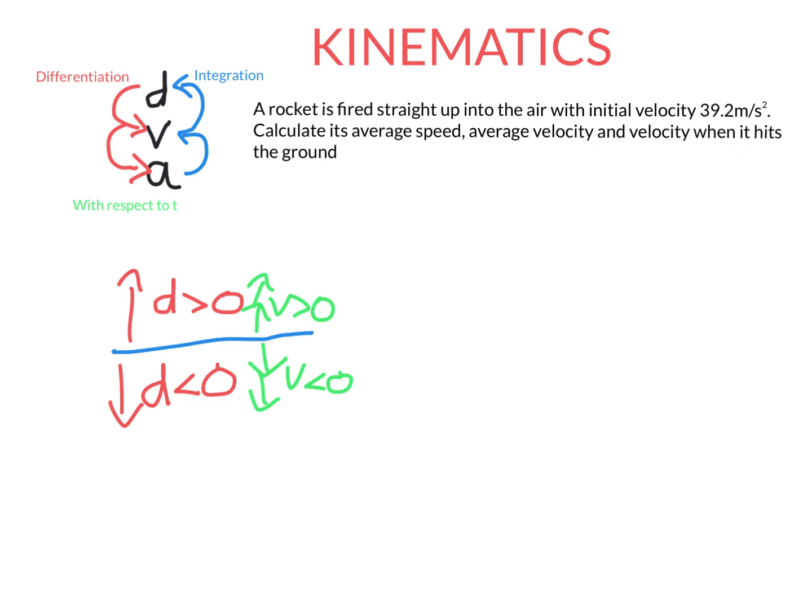We aren't actually told here, but we know what the acceleration is. The acceleration due to gravity on Earth is negative 9.8 meters per second squared. That means if something's traveling up, it loses 9.8 meters per second of speed every second. It's negative because acceleration reduces the velocity.